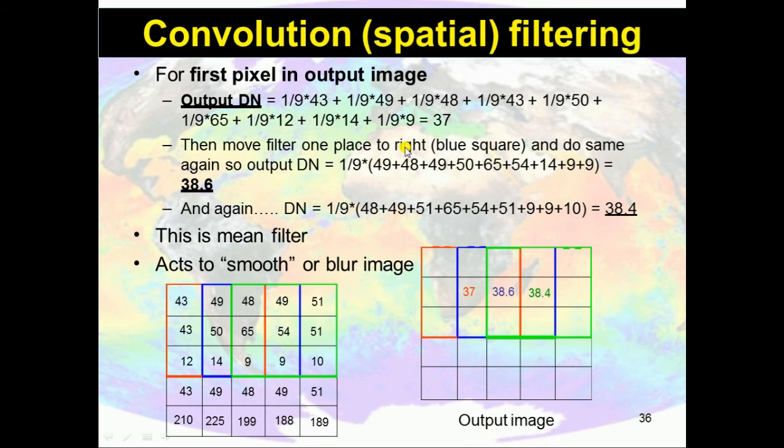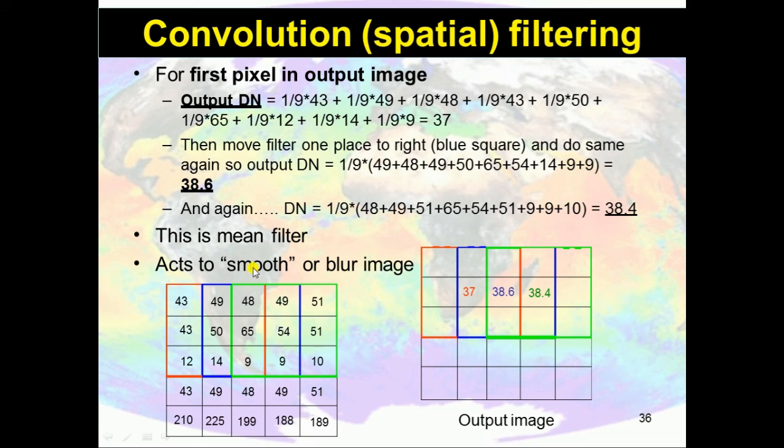Then move the filter one place to the right and do the same again. The output value is 38.6. Moving again, the value is 38.4. So the values go from 37 to 38.6 to 38.4.